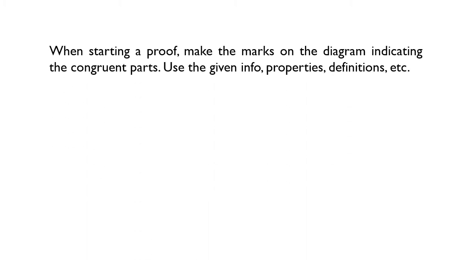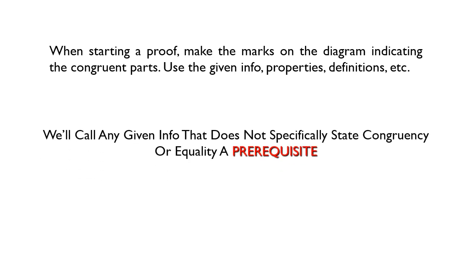When starting a proof, make marks on the diagram indicating the congruent parts. So we will mark our given diagram later on. We can actually use the given information, the basic geometric properties, definitions, etc. And we are going to call any given information that does not specifically state congruency or equality a prerequisite.